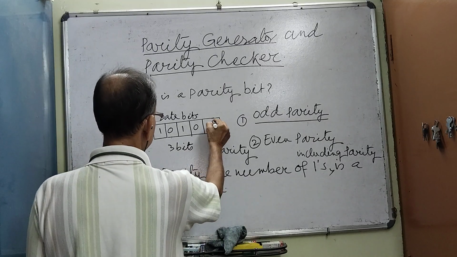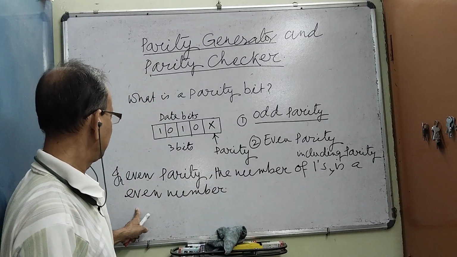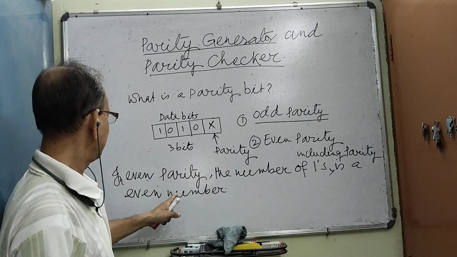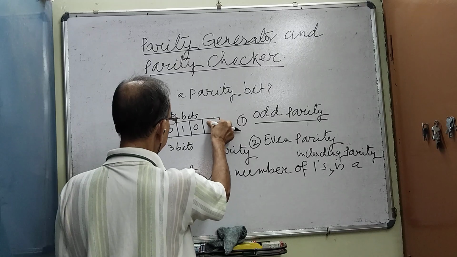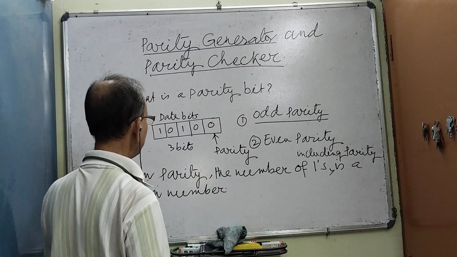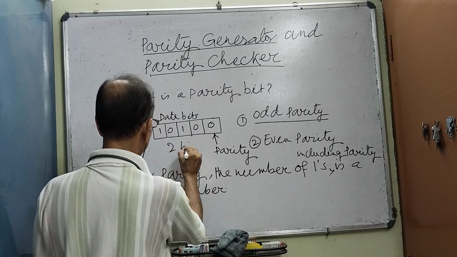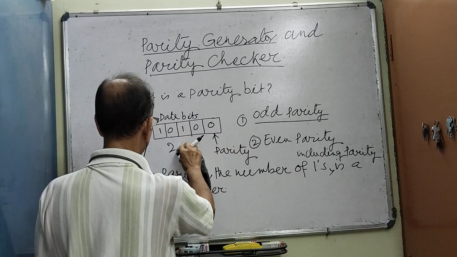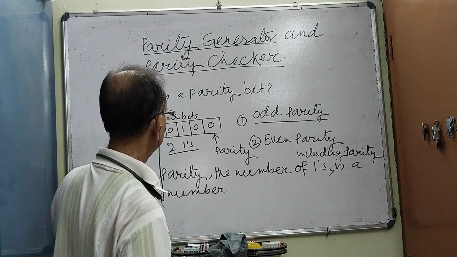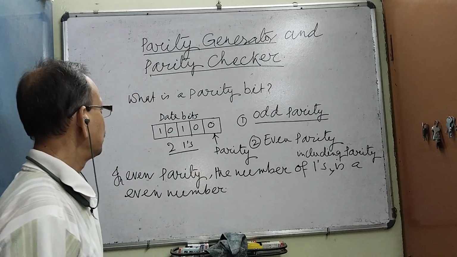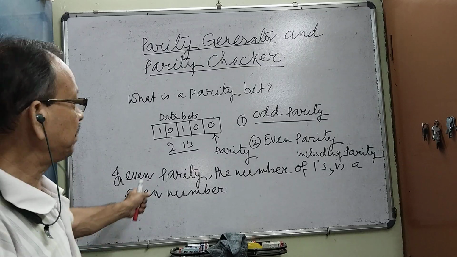So for even parity, this will be 0. So what will happen? There will be 2 ones. Previously 3 ones. Okay. So this is the even parity check.